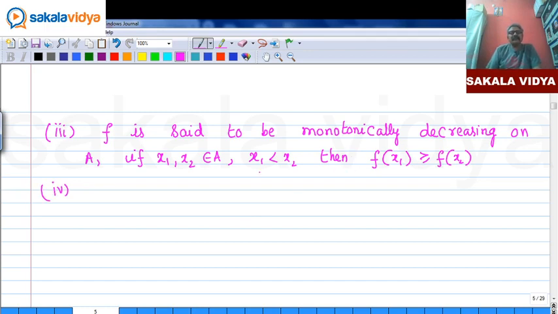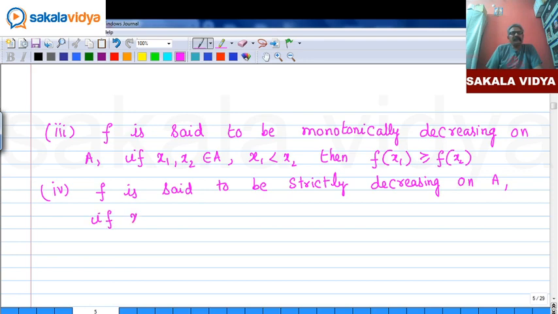Strictly decreasing means the same conditions, f of x1 greater than f of x2 provided x1 less than x2, x1, x2 belongs to A. That means f is said to be strictly decreasing on A if x1, x2 belongs to A, x1 less than x2, then f of x1 greater than f of x2.